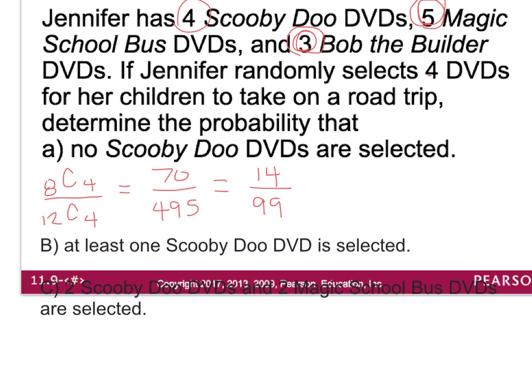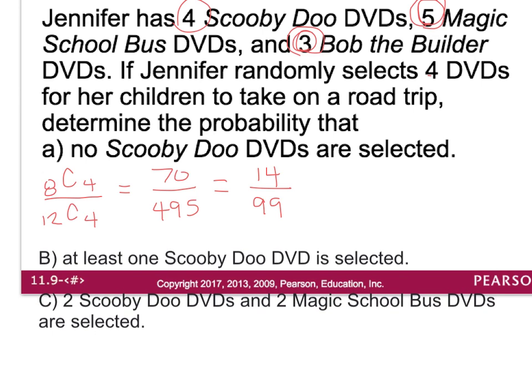If Jennifer randomly selects 4 DVDs for her children to take on a road trip, what is the probability that at least one Scooby-Doo DVD is selected? Now, key word there is at least. Remember that we learned a shortcut on how to handle the at least situation. Remember in part A, we found the probability that she has no Scooby-Doos. So the probability that she'll have at least one is going to be 1 minus the probability of no Scooby-Doos.